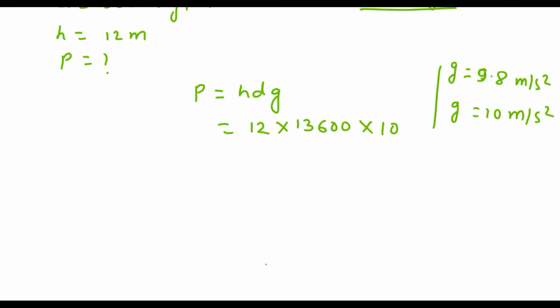So when we multiply 12 into 13600 into 10, we get 1.632 into 10 to the power 6, and the unit of pressure is Pascal, or we can also write Newton per meter square.